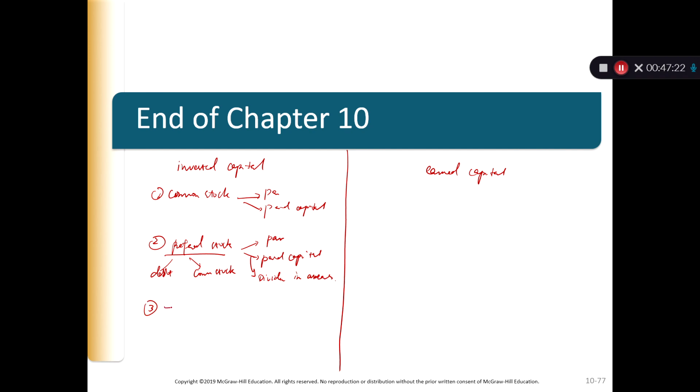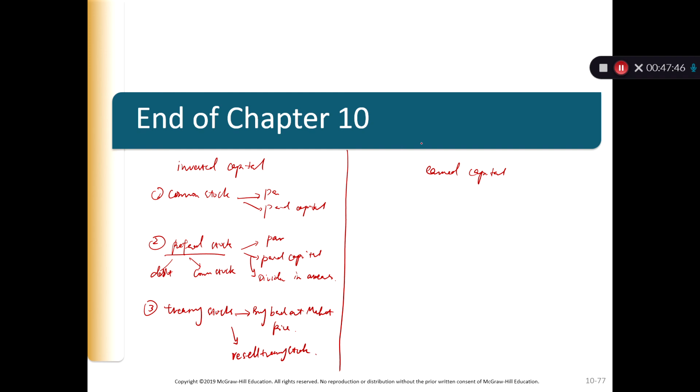The third thing is treasury stock, which is when a company buys back the stocks at market price. And how do we record the journal entry? And then we also talked about reselling the treasury stock, and how we do it.